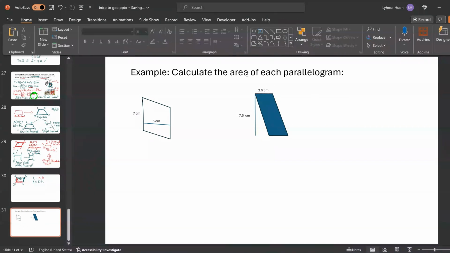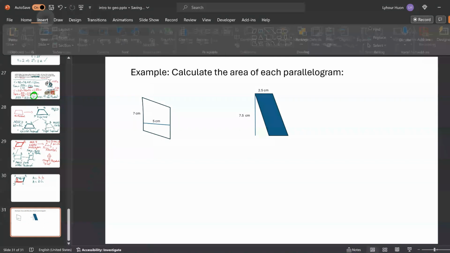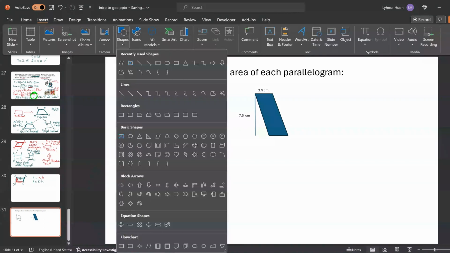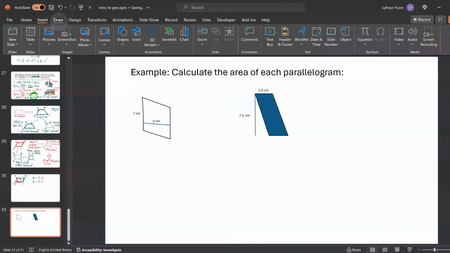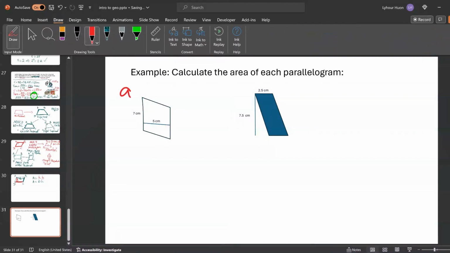So calculate the area of each parallelogram, and we have the figures here, A and B. I think you can catch up easily. Okay, so let's try.